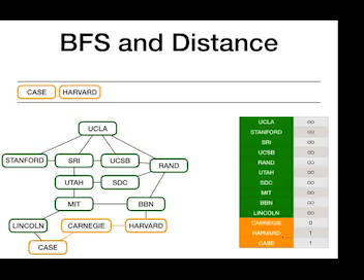And whenever I explore a node, I'm going to update its distance as 1 plus the distance of the node that I used to visit that node. So I'm currently exploring Carnegie's neighbors. I find Case. So I'm going to look up, okay, Case's distance is going to be 1 plus Carnegie's distance, which is 0. So I add a 1 in that table and mark it explored.